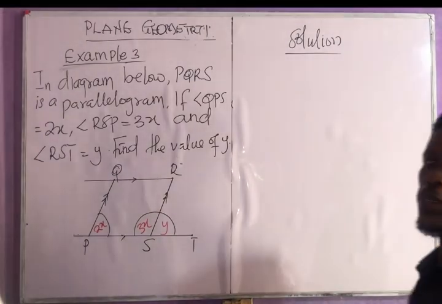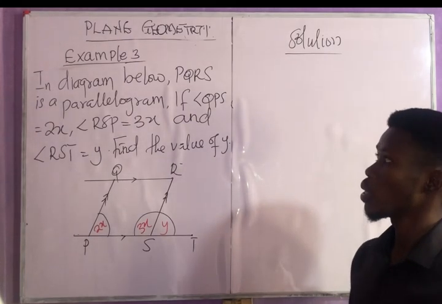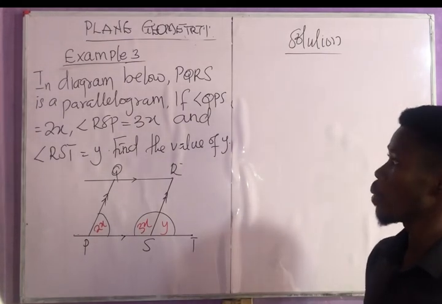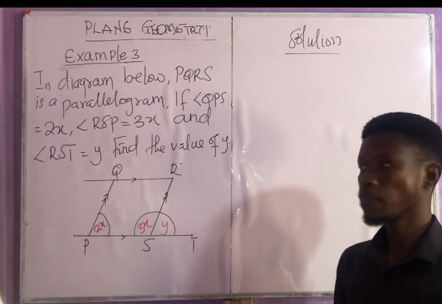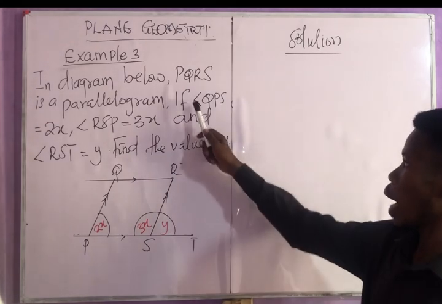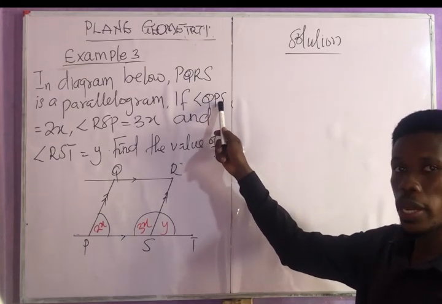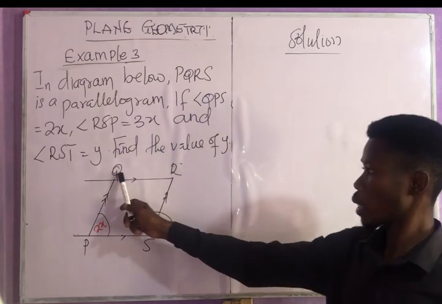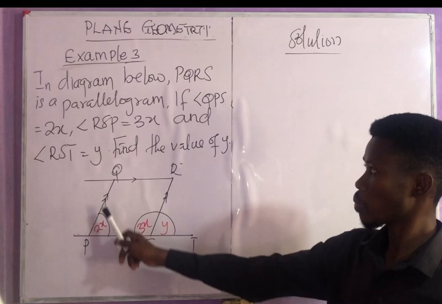Alright, so now let's look at example number 3. Very simple example. In the diagram below, PQRS is a parallelogram. If angle QPS, so the letter in the middle is where the angle is, so angle QPS, this is that 2x, right?